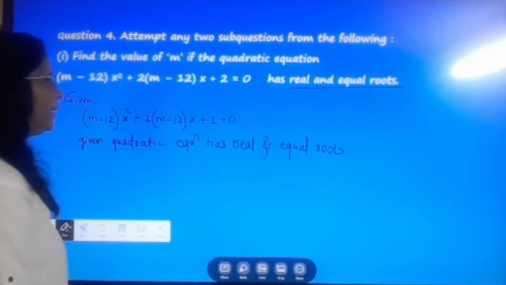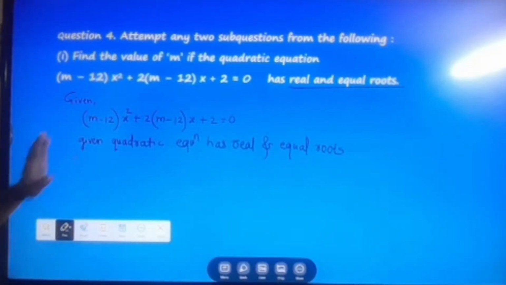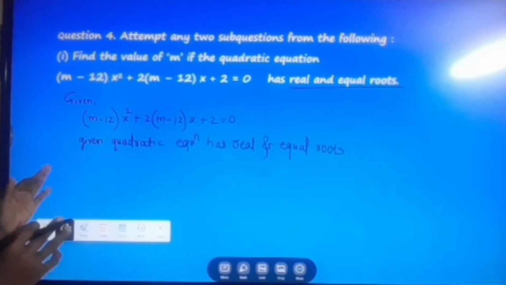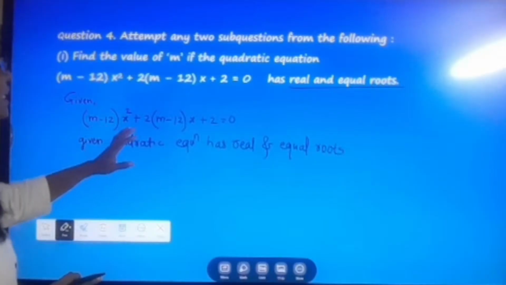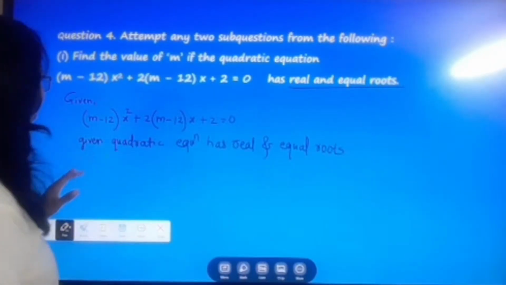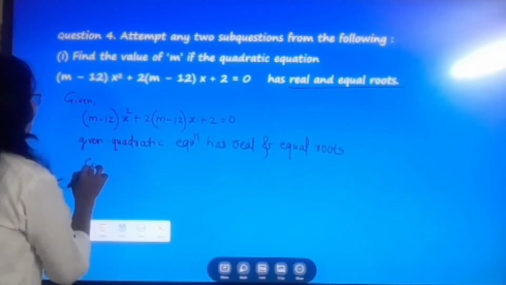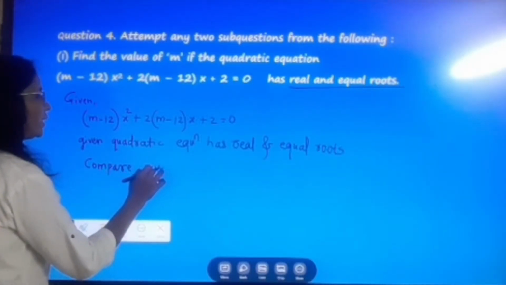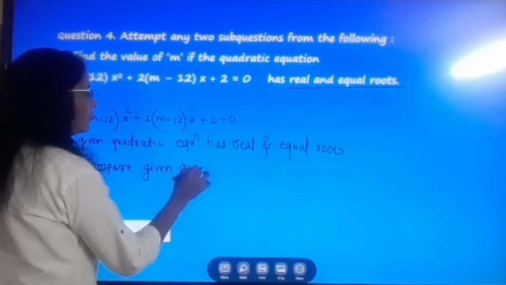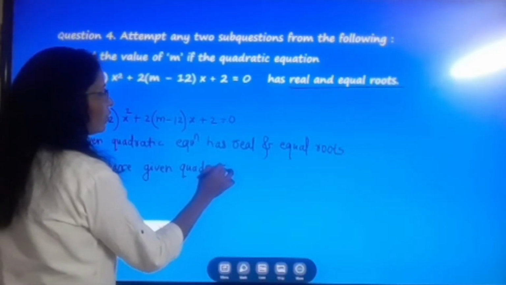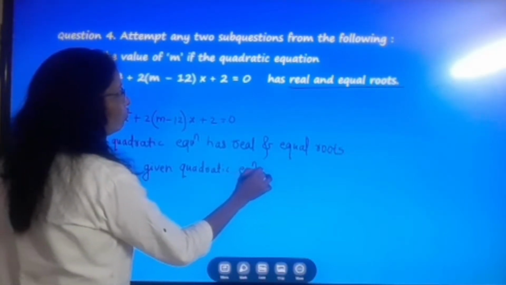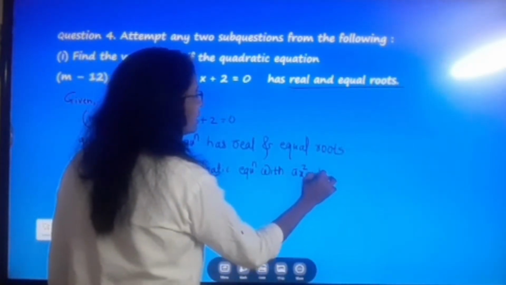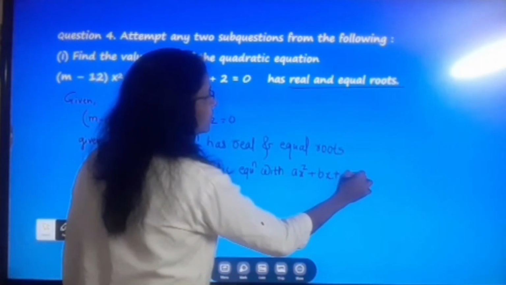Okay students, now from the given quadratic equation I want to get the values of a, b, c. So first compare the given quadratic equation with ax square plus bx plus c is equal to 0.